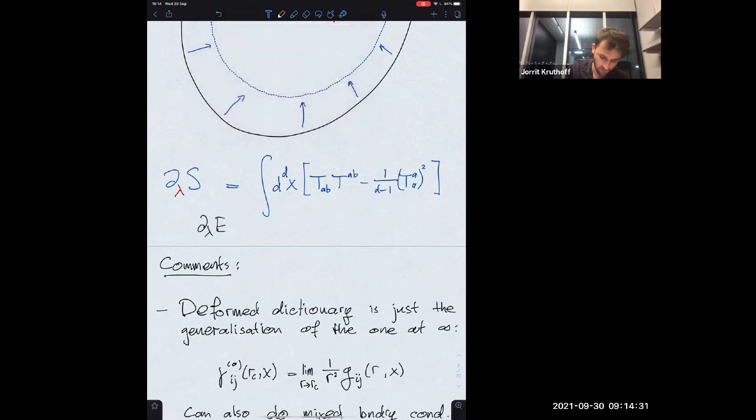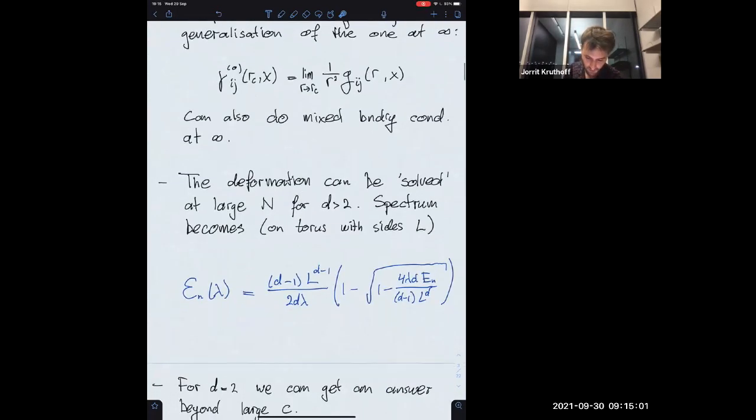So d lambda of E is again some combination. I don't know by heart. There's some factor of D that I'm definitely going to mess up. But there's this flow equation for the action, and you can convert it in a similar way as Verlinde does, for instance, in his paper. You can also write that down in this higher dimensional case. And you can solve it, and then the solutions are given by this expression.